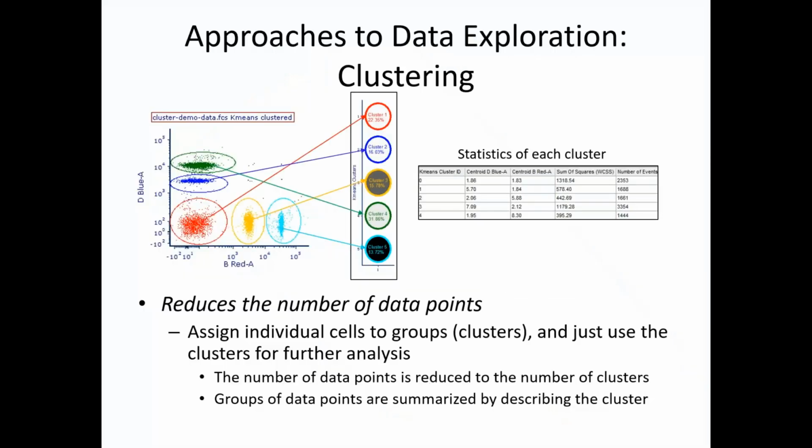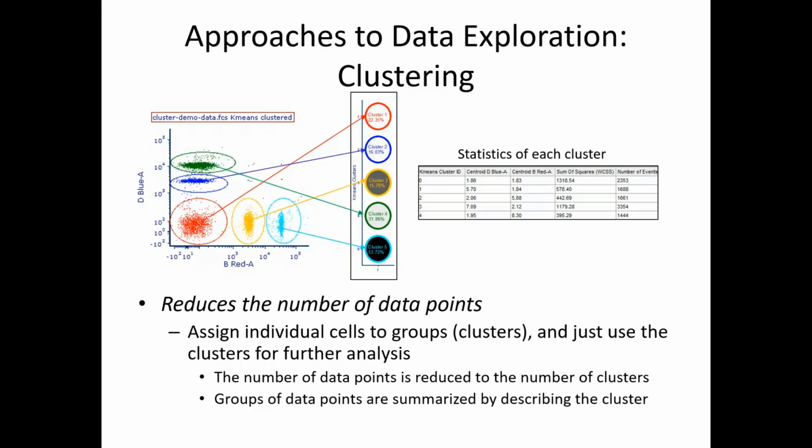One of the first ways that we lower the number of data points is by clustering data. The advantage of clustering is that we assign individual cells to groups, or clusters, and then just analyze the clusters from then on. Instead of dealing with 10 million events, it turns out I only have 5 groups of cells here, and I'm going to analyze the 5 groups later on.